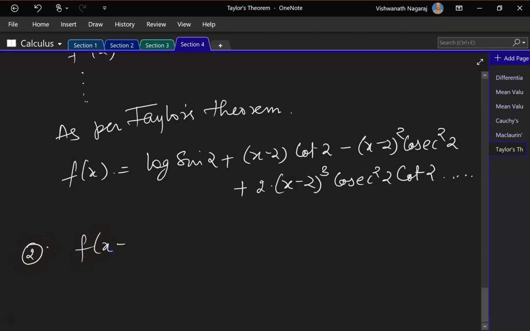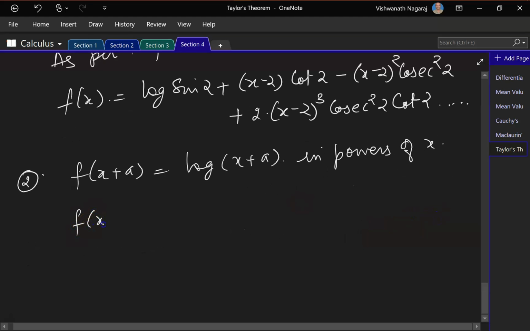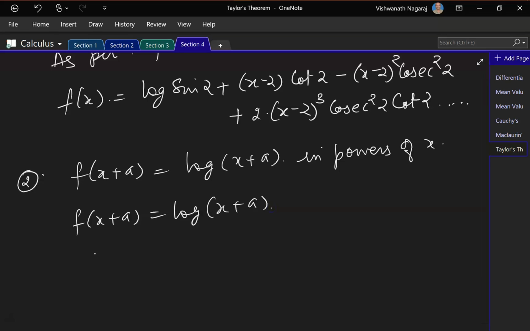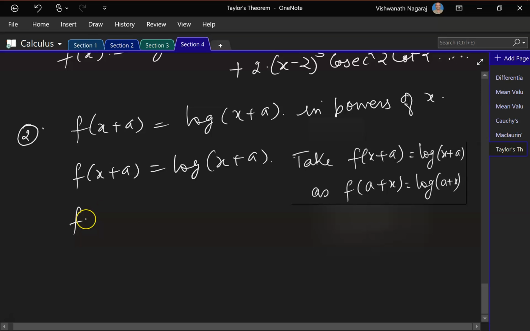f of x plus a is equal to log of x plus a. Now we want it in powers of x. We are interested in f of a is equal to log of a.